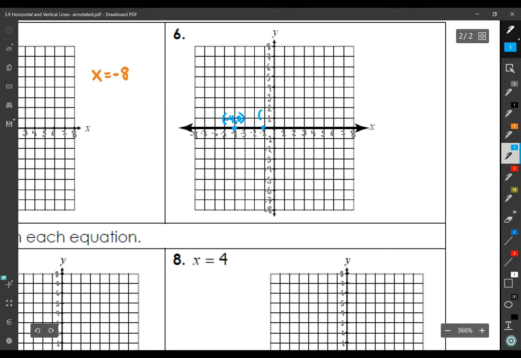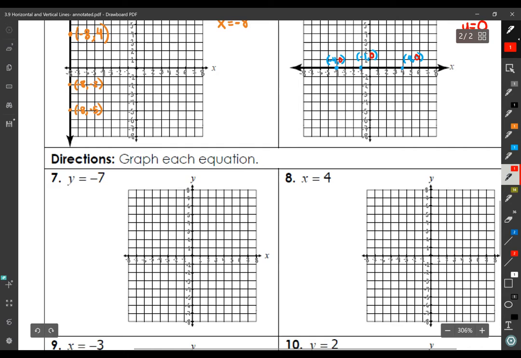This would be -4, comma 0, -1, comma 0. This would be 4, comma 0, and so on. So we can see that it is our y coordinate that's staying constant. It's always going to be 0. So the equation of this line is simply y equals 0. That's the equation of the line.